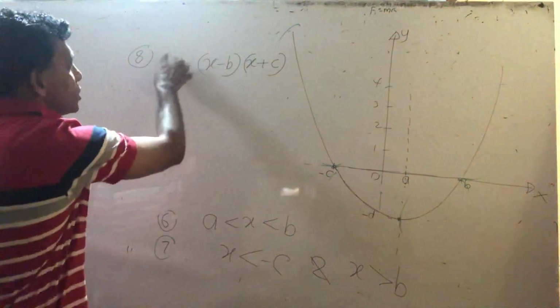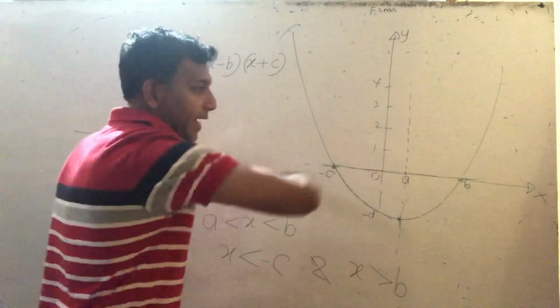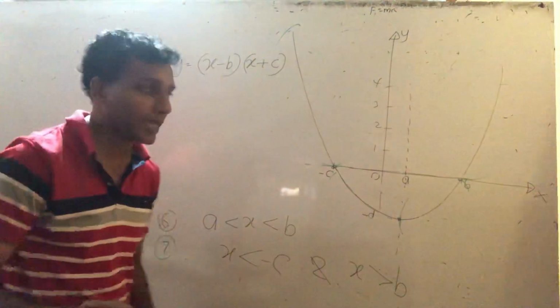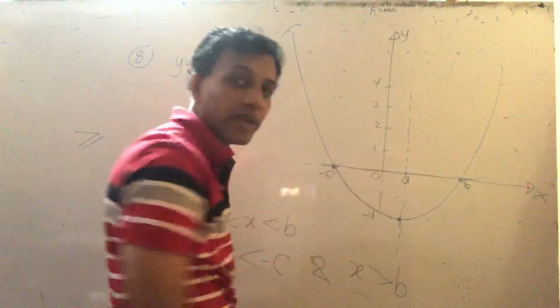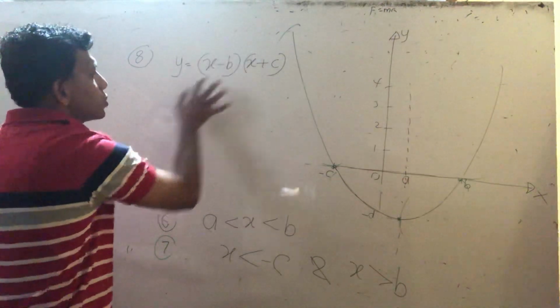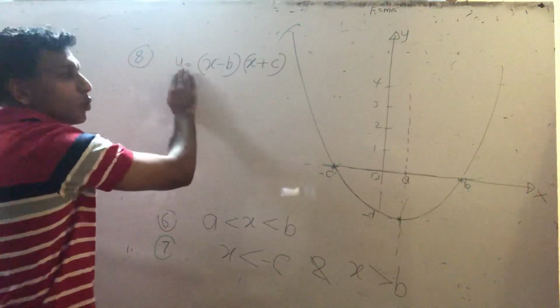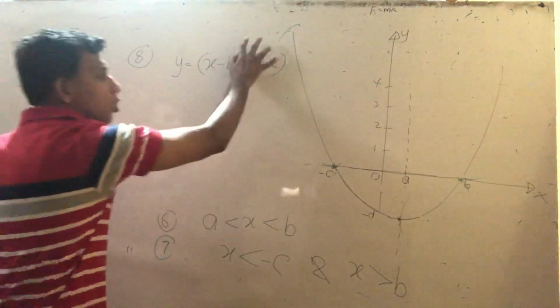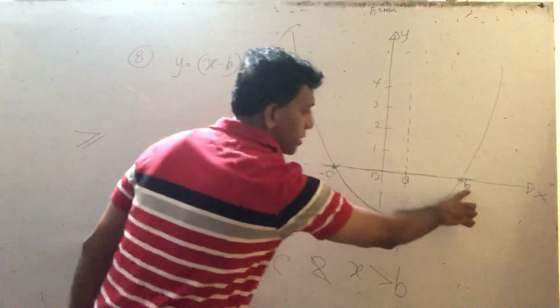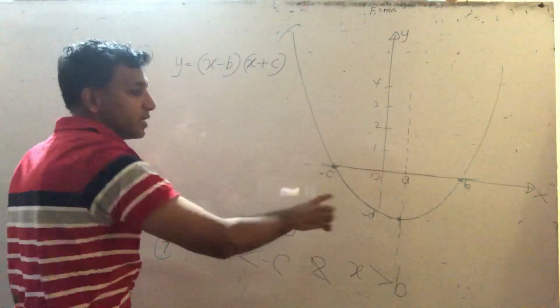If you put y equal to 0, y0 means x-axis, x0 means y-axis. So if you put y as 0, you can see two solutions. If this is 0, or this is 0, so x equals b, and x equals minus c, that's the answer.